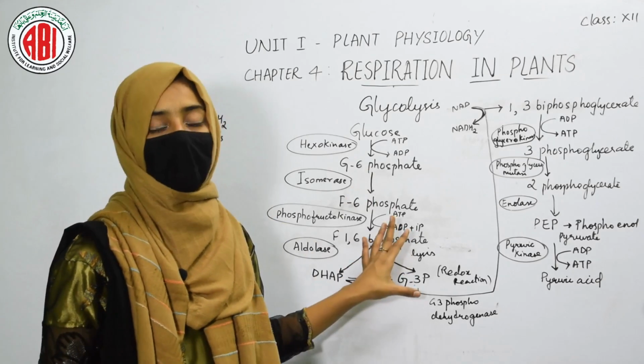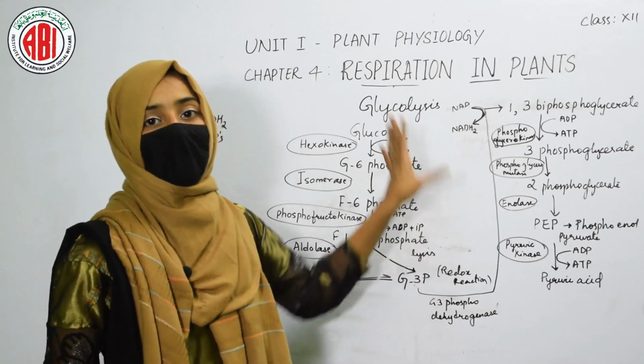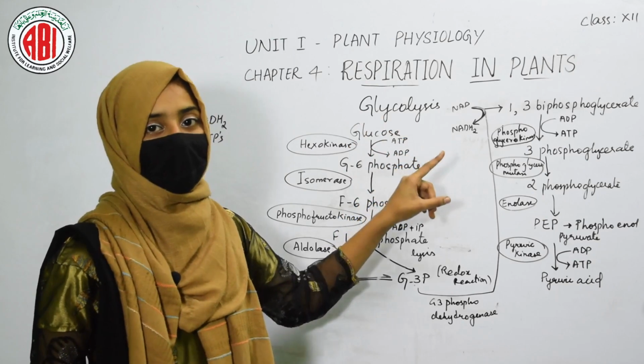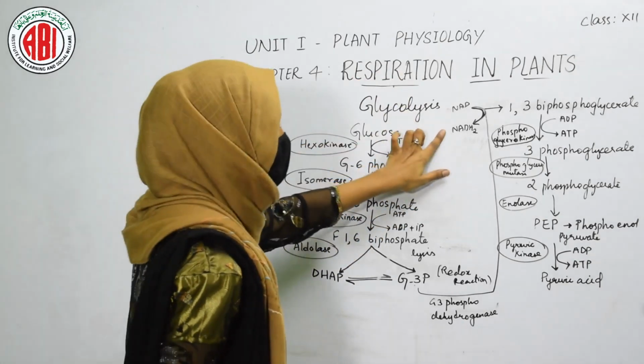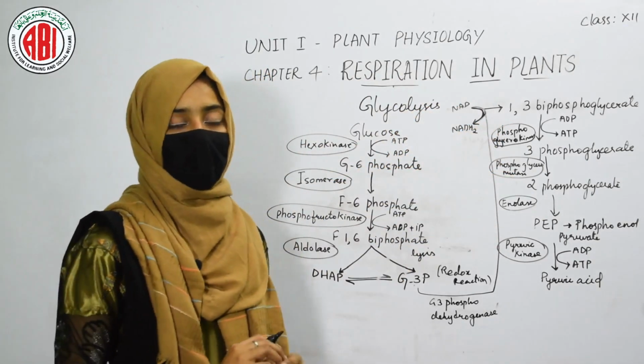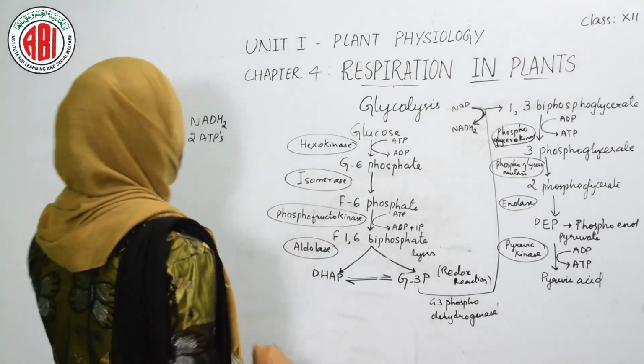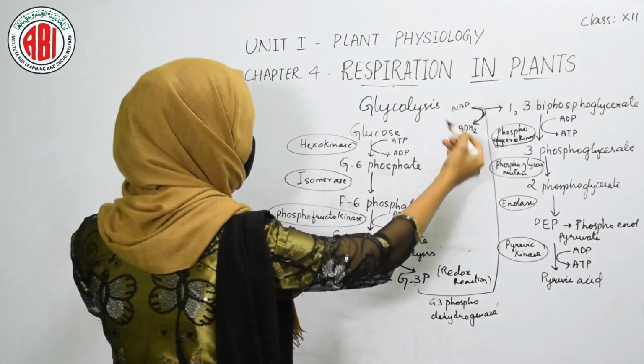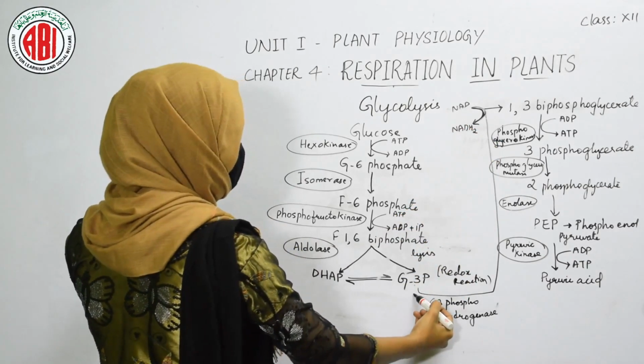Then that glyceraldehyde 3-phosphate will also undergo the different reactions in the glycolysis pathway, and it also results in the synthesis of reducing power as well as the energy molecule, that is ATP. So here 1 NADH2 will come from glyceraldehyde 3-phosphate.